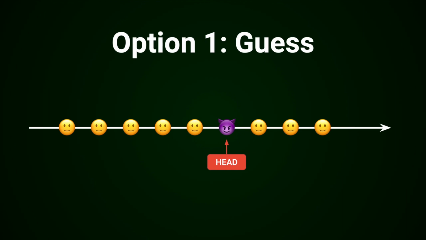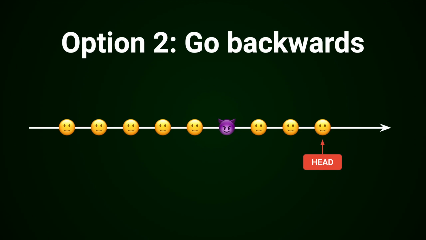So let's take a look at another option. Second option is just going backwards until you find the culprit. This is quite simple. You start at the last commit, you go one commit back, check whether or not it's working, and you keep on going until you stop having the bug. And that means that the commit right next to the one that you're standing on is the culprit.